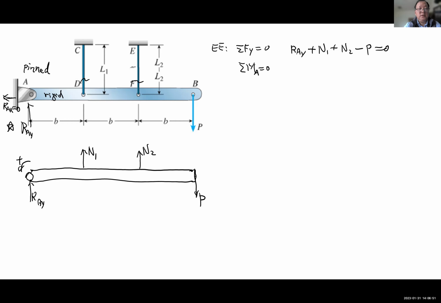I have N1 times B, then plus N2 times 2B, and then minus P, since it acts the other way, times 3B. That equals 0.